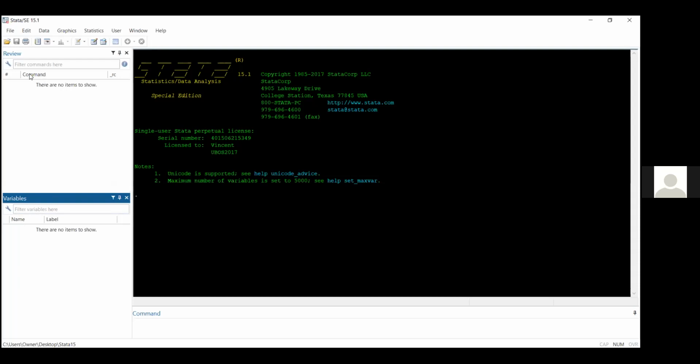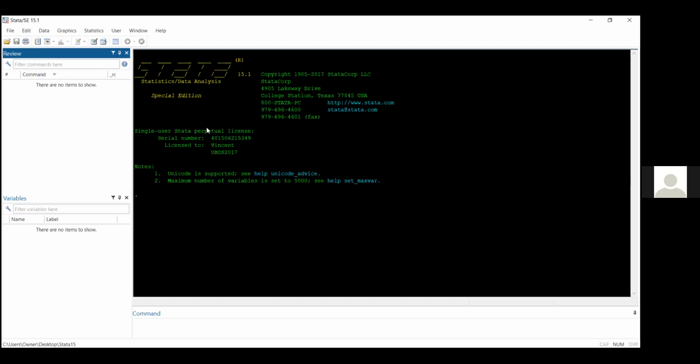Now, the final window you'll see up here is the review window, meaning every execution you make, if you run a correlation and it brings results here, there is a copy of that command or instruction deposited here, which you can even save and replay later even when you close. So this is where commands are deposited, and that's briefly the face of Stata for those who have not seen this before.